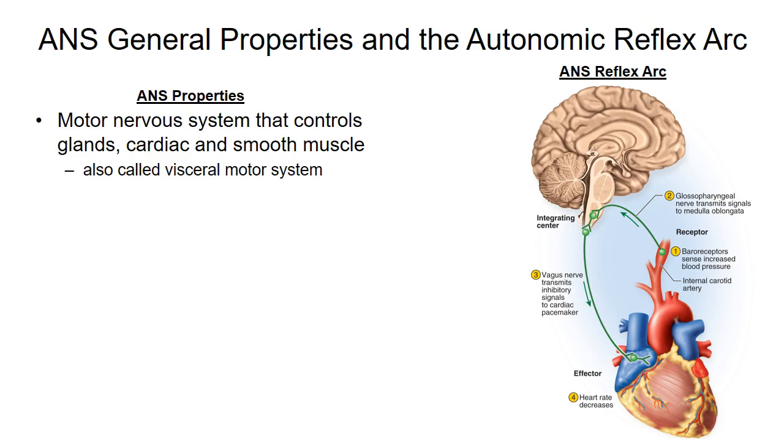Yeah, so here, right? So if we're looking at this motor nervous system that controls like cardiac muscle and smooth muscle, but also glands. Right? So remember, what were the effectors for the somatic motor? There was the skeletal muscle, ones that are going to contract with our intent.